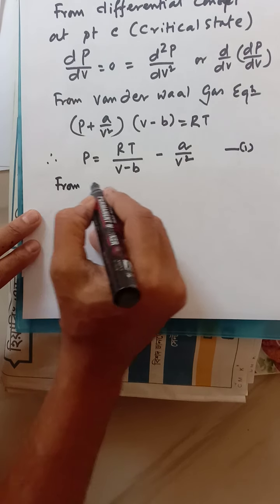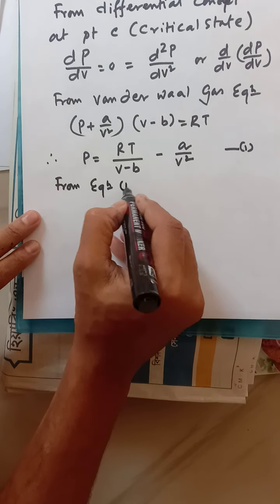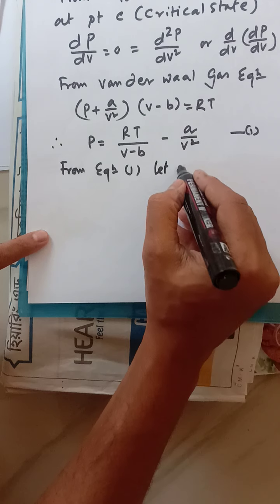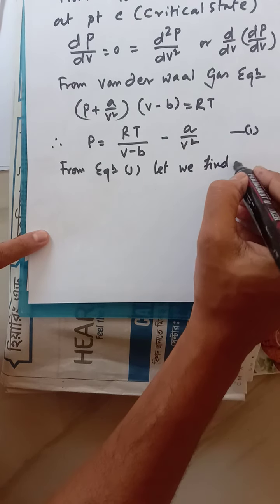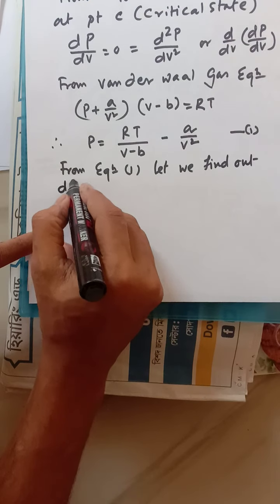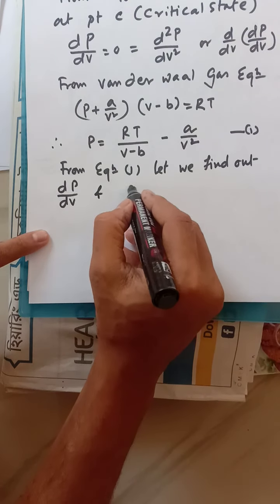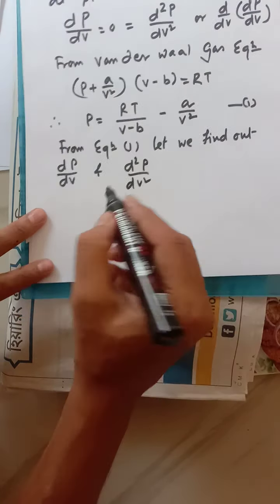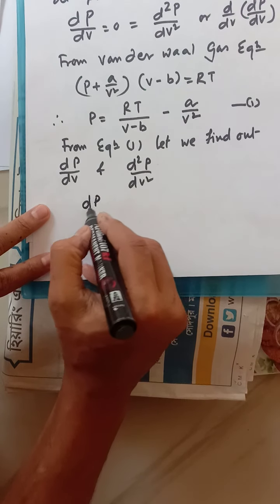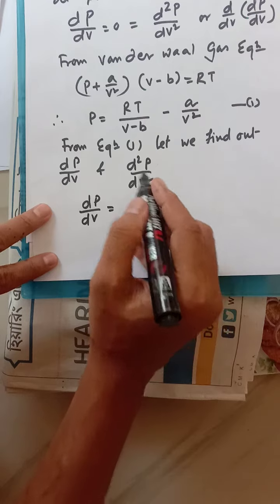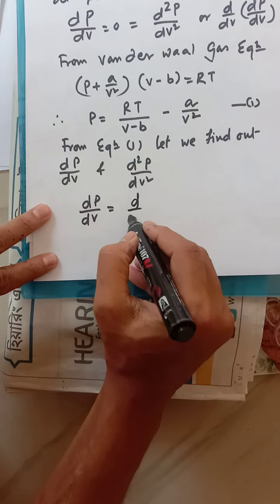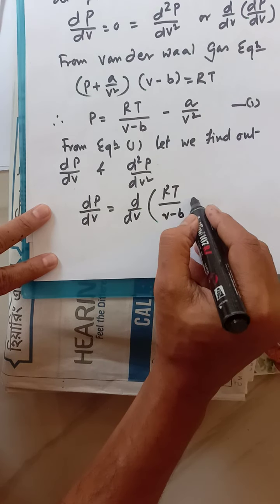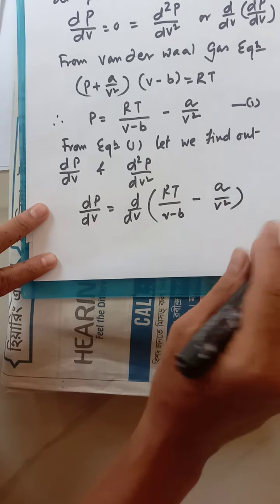Now from equation 1, let me find out dP/dV and d2P/dV2. Now dP/dV will be d/dV of the total part, RT by (V minus B) minus A by V square.